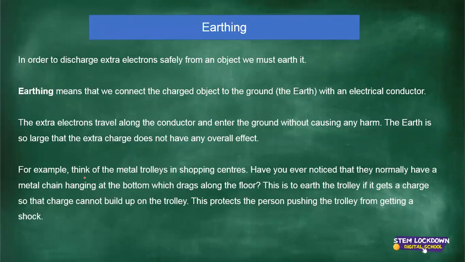So, for example, think of the metal trolleys in shopping centers. Have you ever noticed that they normally have a metal chain hanging at the bottom which drags on the floor? Some trolleys have a metal chain, and this would be more in drier regions because the air is dry. This is to earth the trolley so that the charge cannot build up on the trolley.